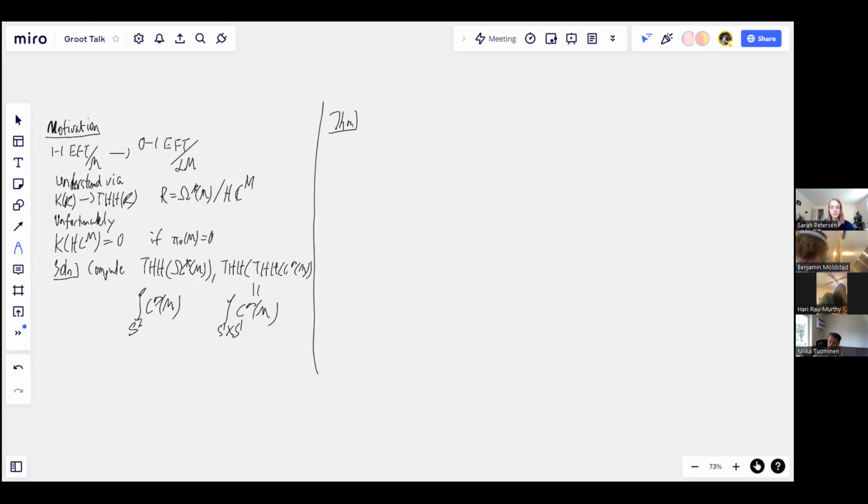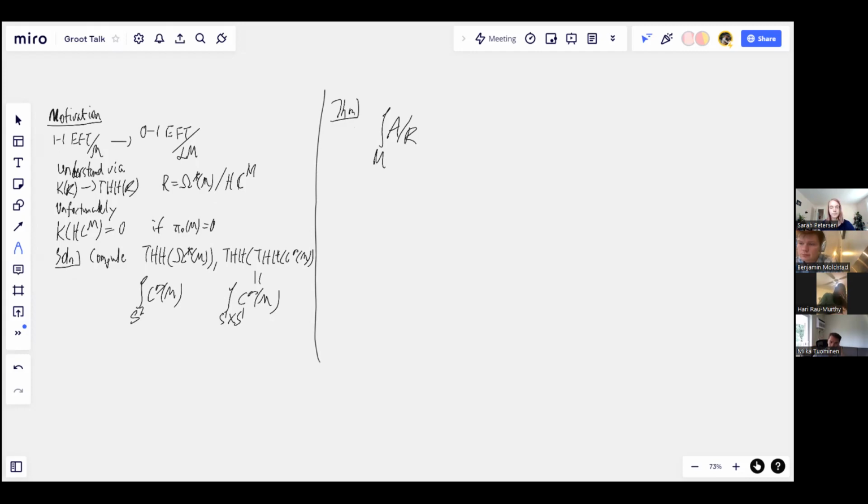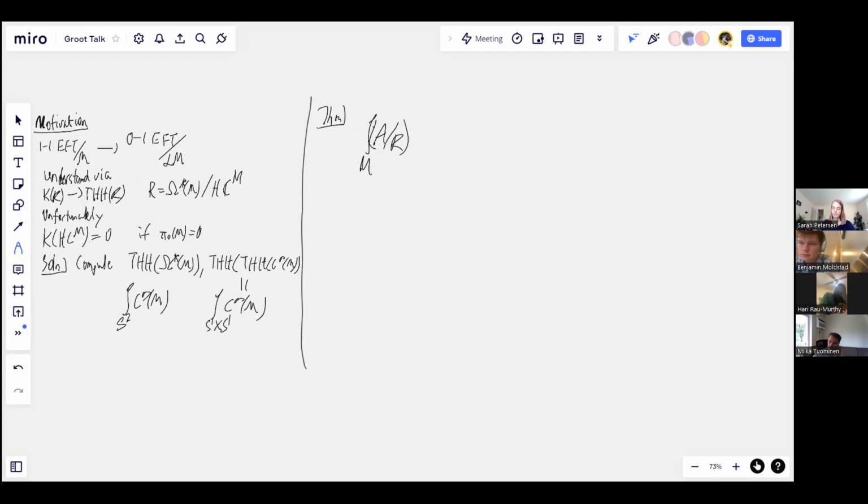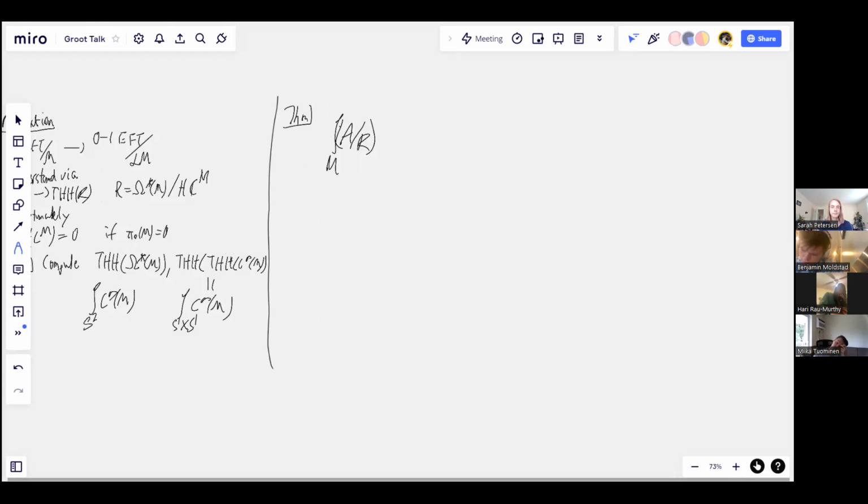The theorem is that if I have any algebra A over a ring R, and these are both E infinity rings, then the factorization homology of A over R is equal to a polynomial algebra over A of M smash derived differential one forms of A over R.